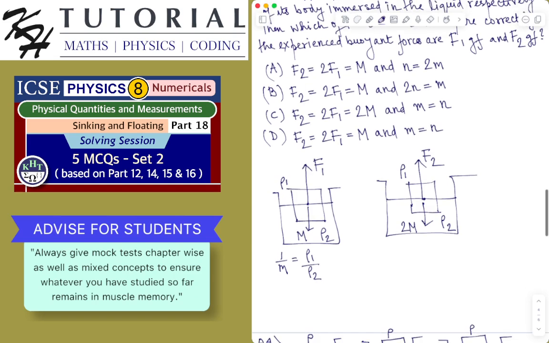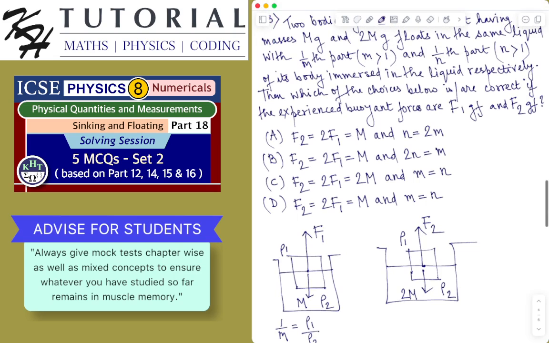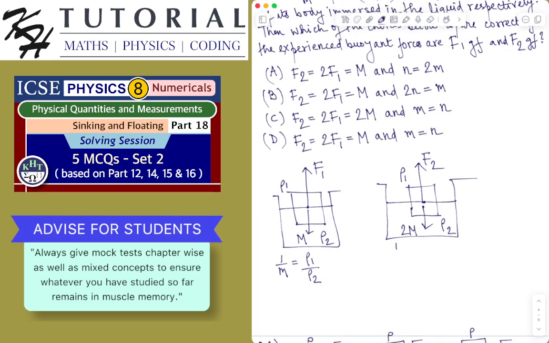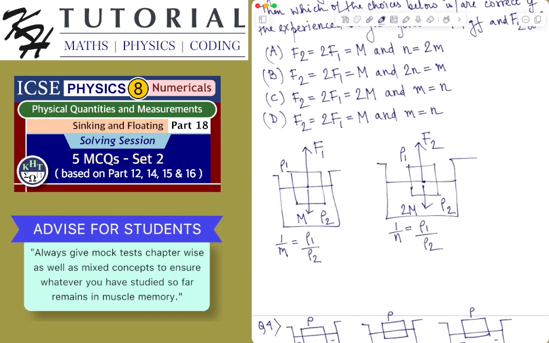This is the scenario. So for the second body, since it is floating and 1 by nth part of the body is immersed in the liquid, I will have 1 by n is equal to rho 1 by rho 2. So clearly we can see that 1 by m is equal to rho 1 by rho 2, and 1 by n is equal to rho 1 by rho 2.